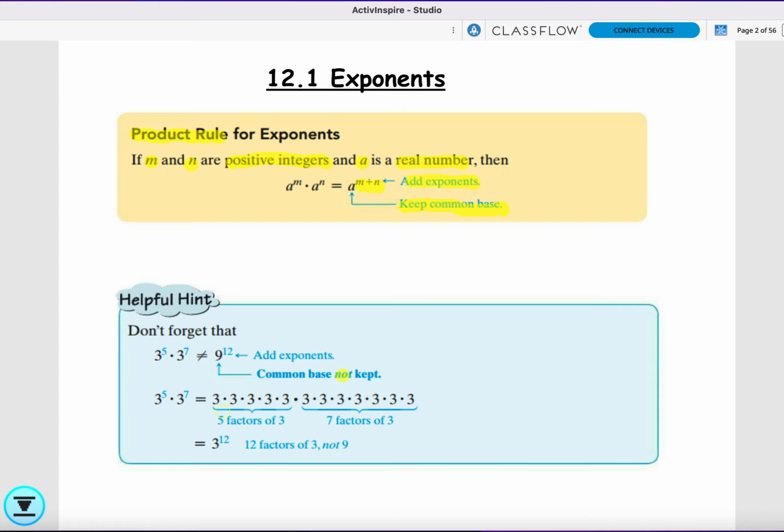In total we have how many 3's? 12, not 9. So it'll be 3 to the 12th power. The base is the same, and we just added the exponents 5 plus 7. So make sure you write this helpful hint as well, guys, just so you can avoid any mistakes when we start using these laws of exponents. So this was the product rule.